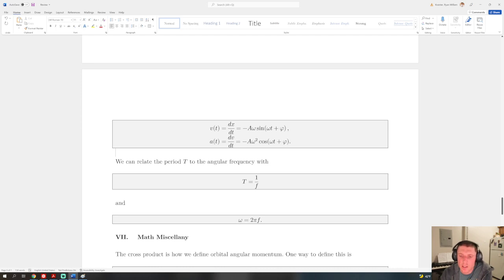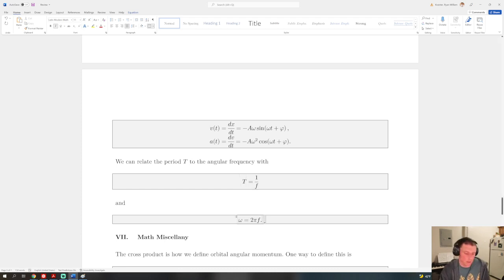Now, we have these two formulas that are pretty important, right? So the period, and I know I said angular frequency here, and I wrote just the regular frequency, but I did write omega in terms of the regular frequency again. And so just remember that these are things, right? So we could solve this equation for 1/f and then set the result equal to the period. And then we have an expression that relates the period to the angular frequency.